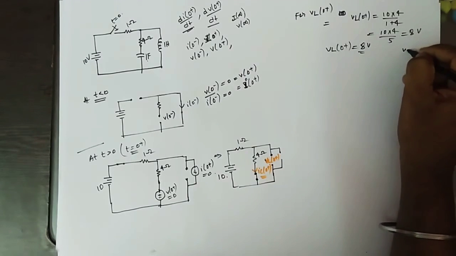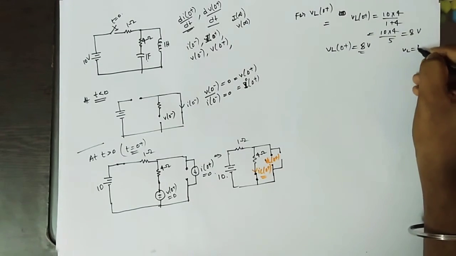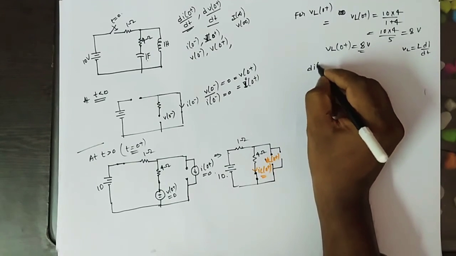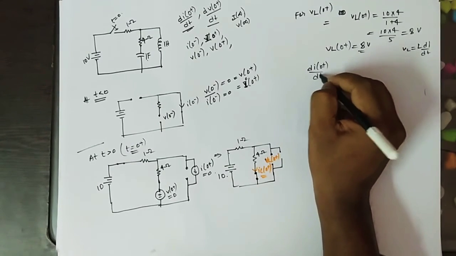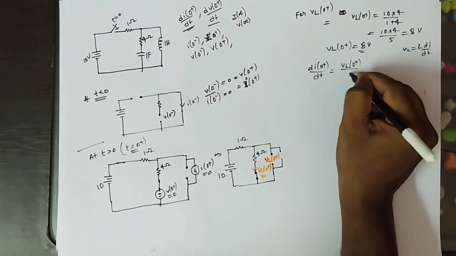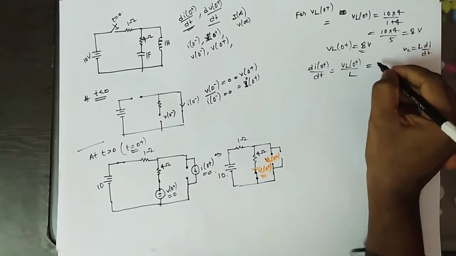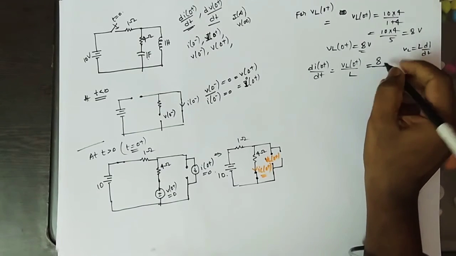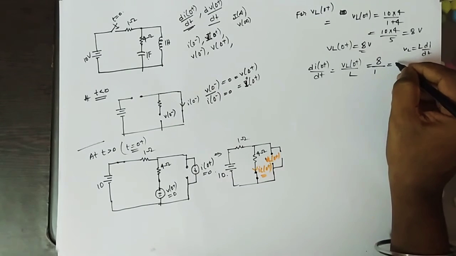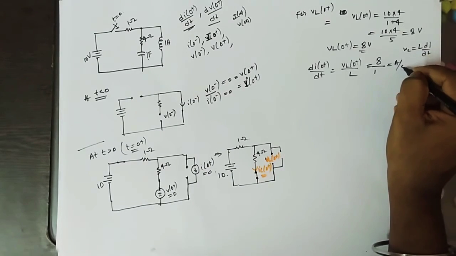Since we have VL equal to L di by dt, di of 0 plus by dt equals VL of 0 plus by L. VL of 0 plus is 8, and L is 1, so this becomes di of 0 plus by dt equal to 8 amperes per second.